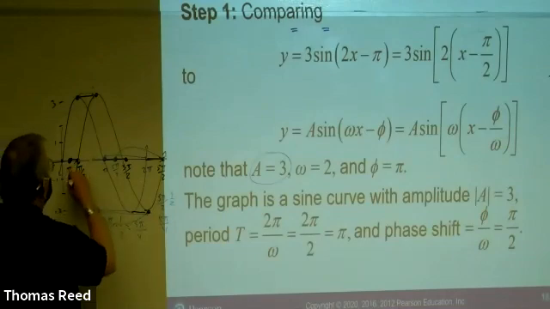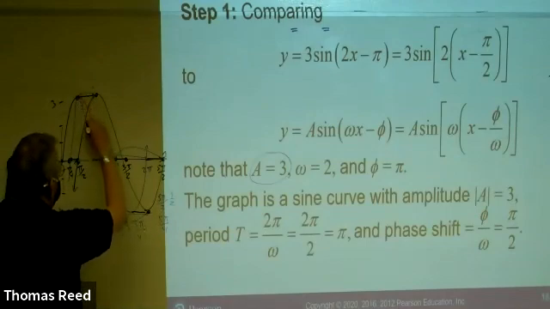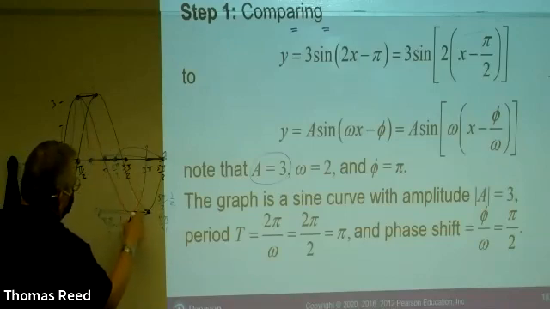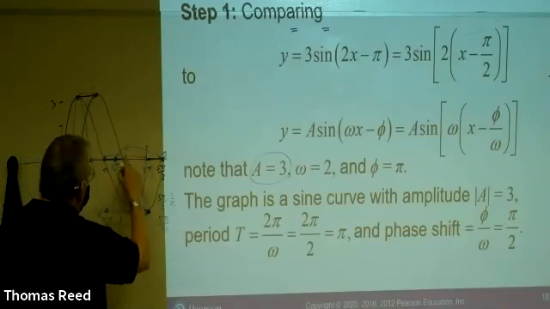So now it goes from here up to here. Okay, yeah, this point did get moved back to here. And this point got moved back to here. Okay.